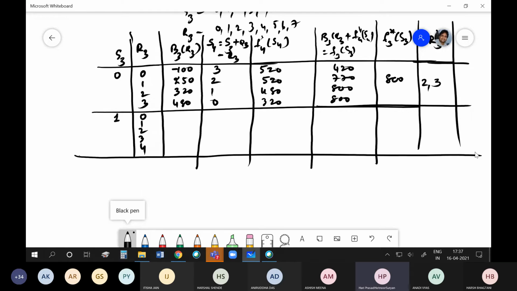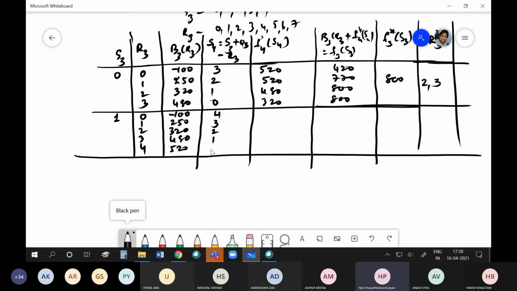Okay. So this is minus 100, 250, 320, 480, then 520. Okay, it's a big grouping. So what will be S4? It will be 4, 3, 2, 1, 0.